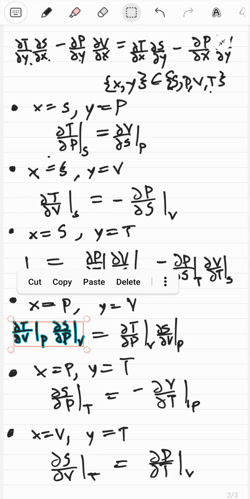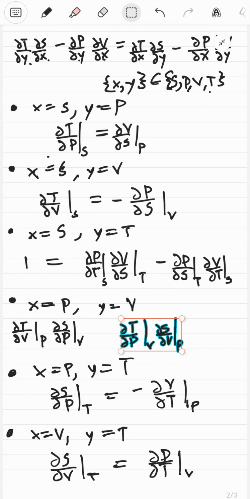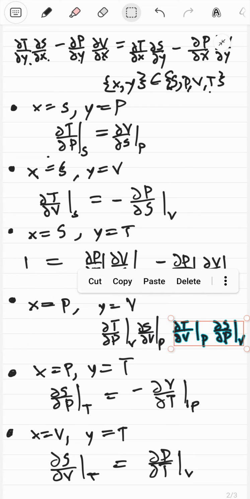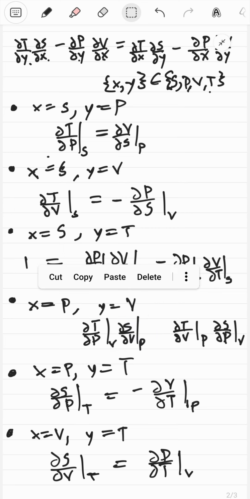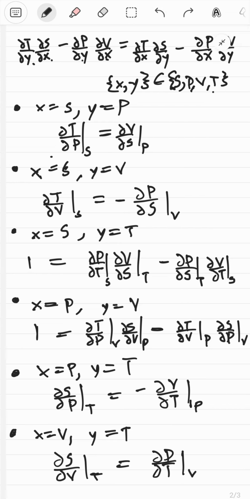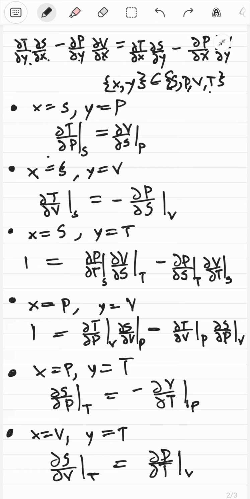Okay, I need more space. So this is minus of that, by the way. So that was a minus 1 over there. This is moved, this is minus, but that's a 1, right? So 1 equal to this thing and 1 equal to that. Yeah, notice that these are kind of the reciprocals over there, isn't that right? But the conditions are very much different. Okay, so these are our 6 equations, so the Maxwell's equations, right?